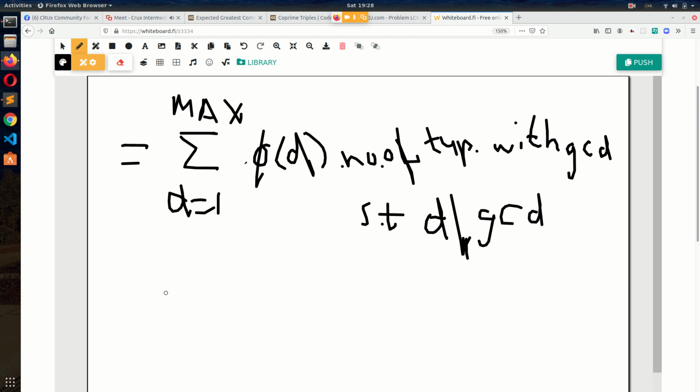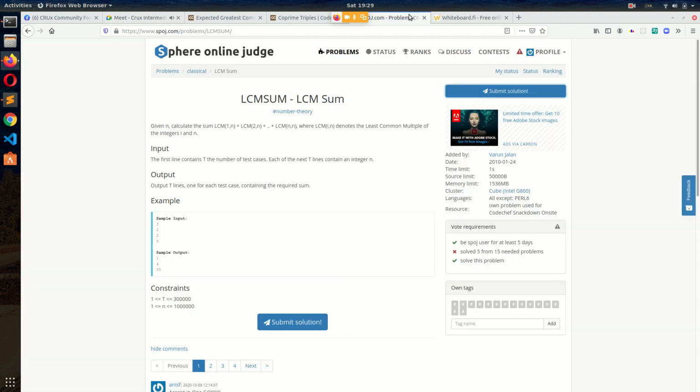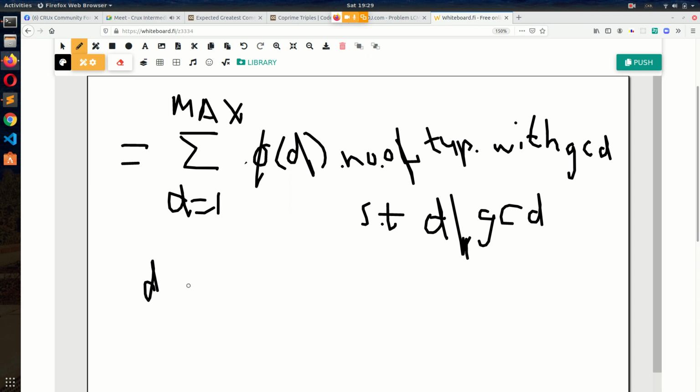So the problem is very direct right now, because for each d you can calculate the number of tuples which it divides. Okay, Pranay was replying to that. So the number of tuples which are divided by small d is pretty easy to calculate. For a particular d, you can go to the first tuple and do B1 divided by d minus A1 divided by d.